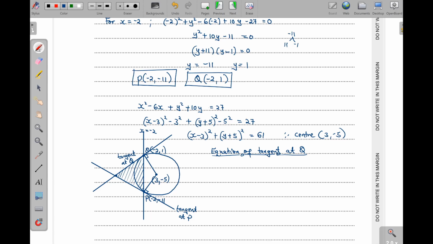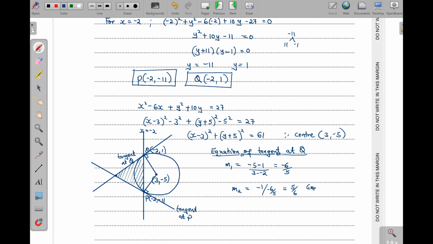Now, M1 here is going to be equal to change in y over change in x. I'm using these two coordinates, okay? Negative 5 minus 1 out of 3 minus 2. This one will be negative 6 divided by what? 5. You see? Now, M2 is going to be equal to negative 1 out of this negative 6 over 5. This one is going to be equal to 5 over 6.